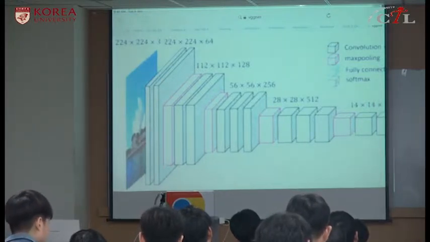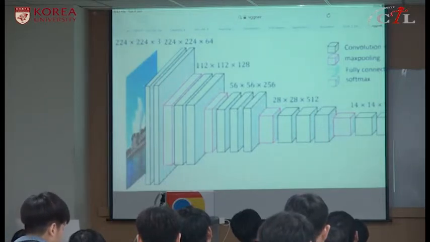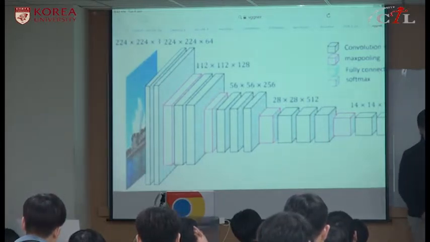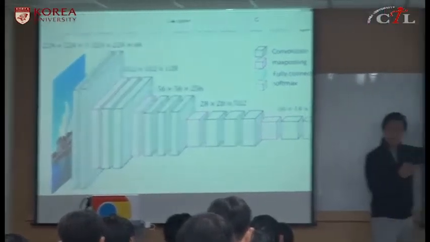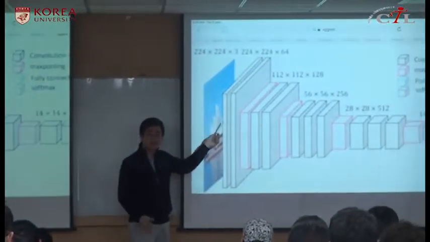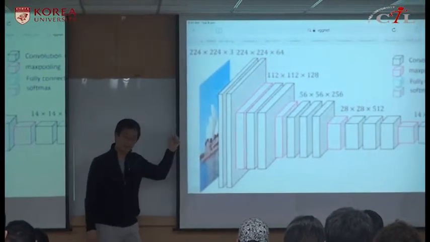Then we apply another convolution layer and ReLU, and it still makes the image size stay the same. And then at this red activation map, the image size got smaller, right? That's when we apply the max pooling.